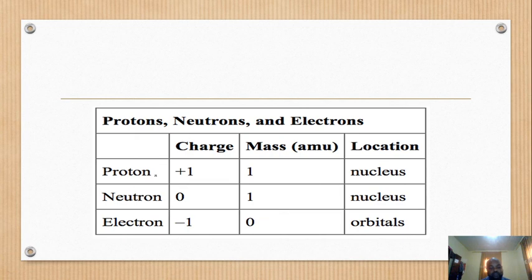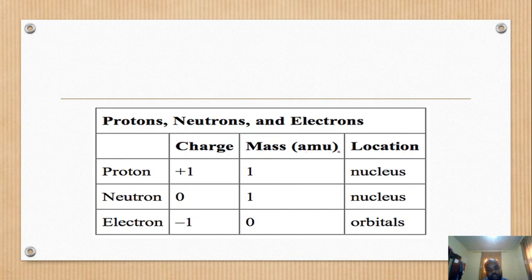These are the charges. Protons: the charge is +1. The mass is 1 atomic mass unit. Location, where are they found in the atom? In the nucleus. What about neutrons? They do not have charge. Their charge is 0. Mass is 1 atomic mass unit.